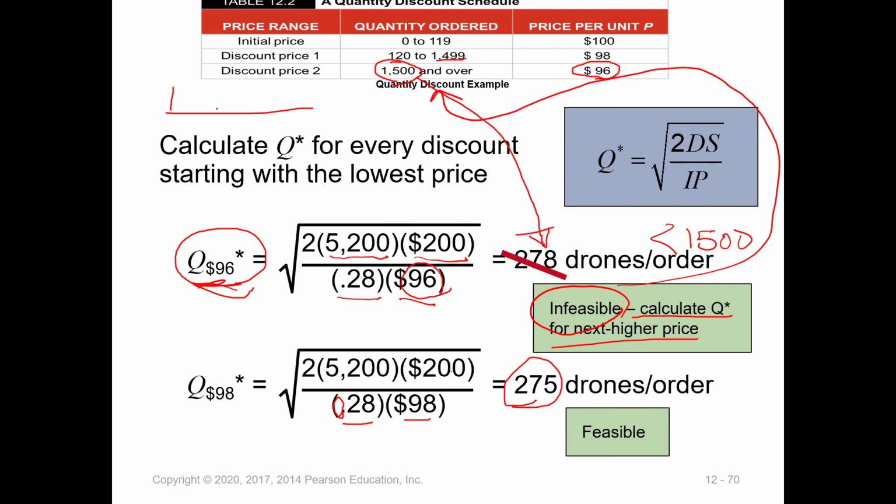You have 120 here and 1499 there, so our 275 is in the middle. So it is feasible, and this is our best price.